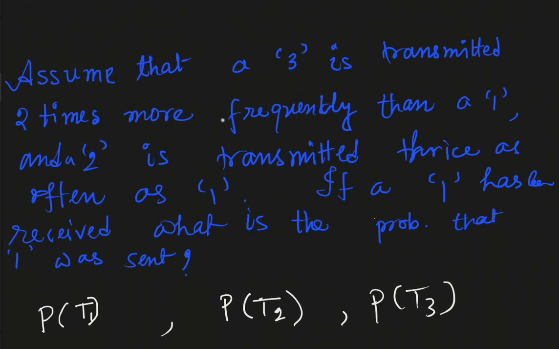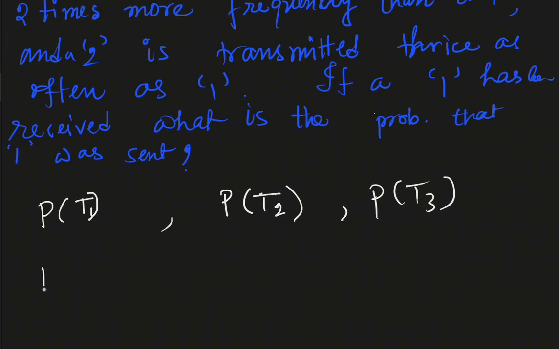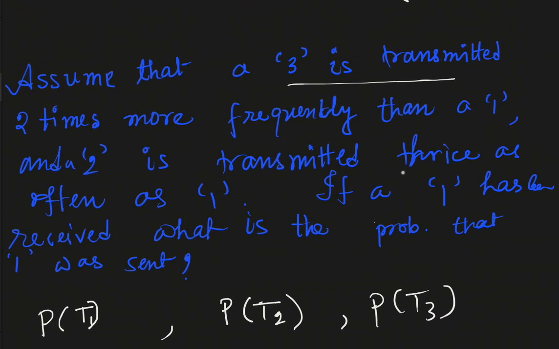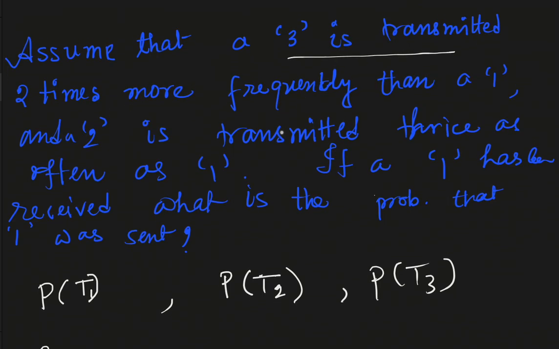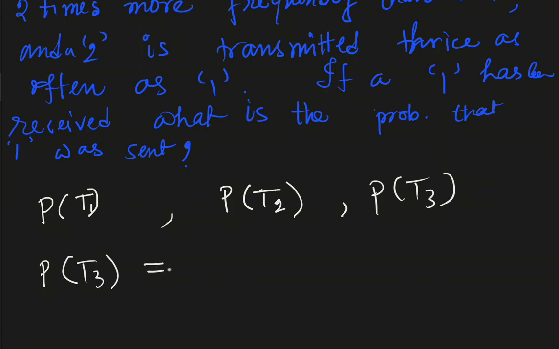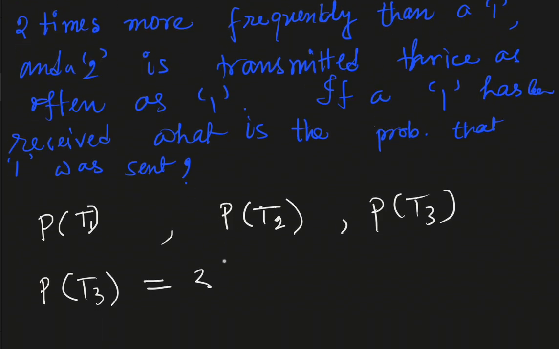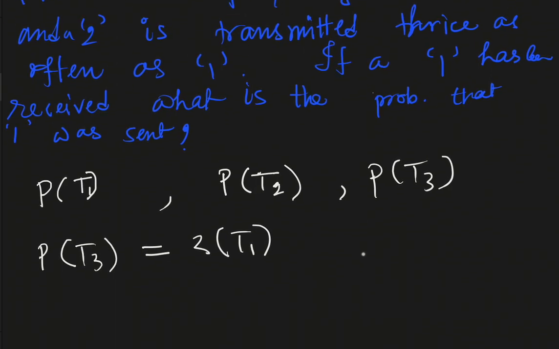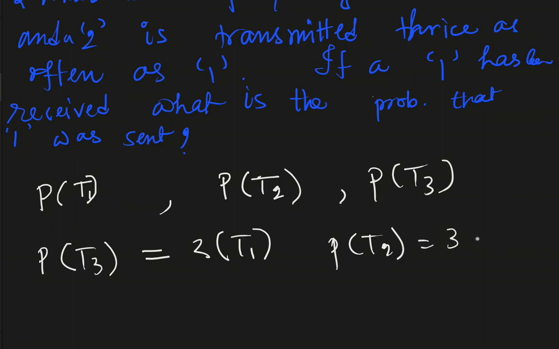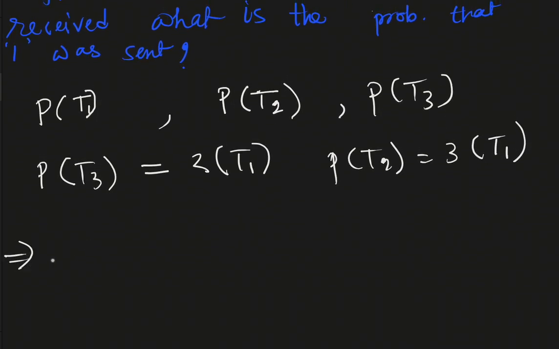So PT3 is 2 times PT1, and PT2 is 3 PT1. Since one signal has been sent, these 3 signals are the whole space of the probability, and these 3 signals are mutually exclusive.